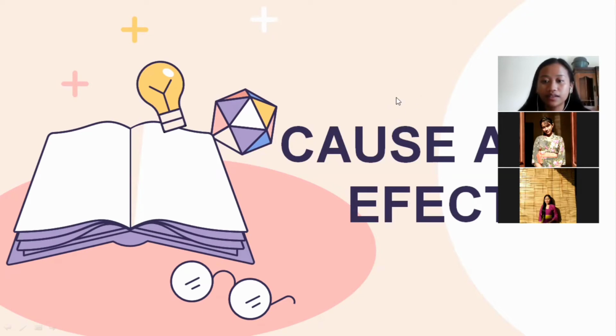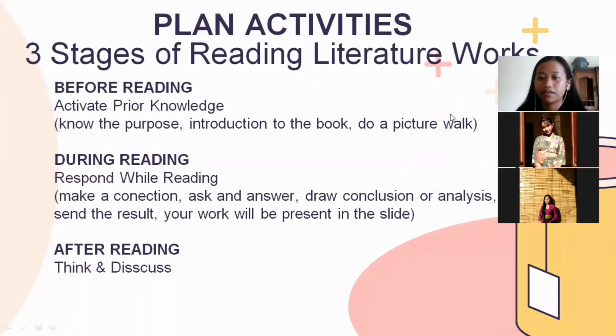Thank you. So now we will learn about cause and effect. As you can see on the slide, our planned activity has three stages of reading literature work. The first is before reading, we will activate our prior knowledge. Here, we have to know the purpose, and then the introduction to the book, and then do a picture wall together.